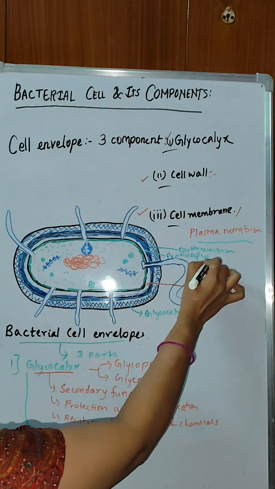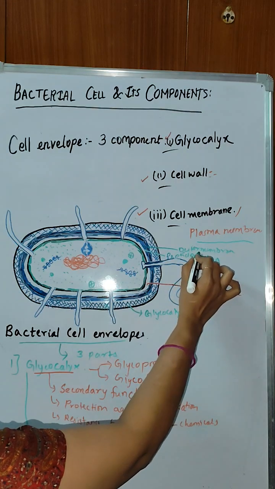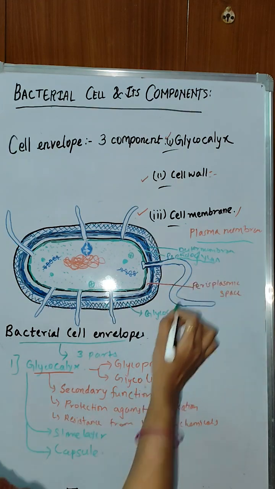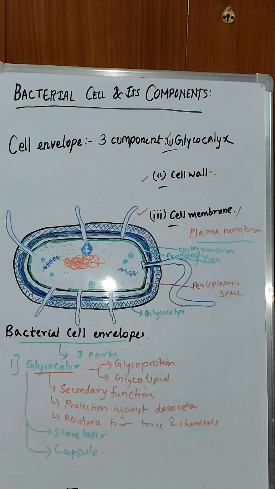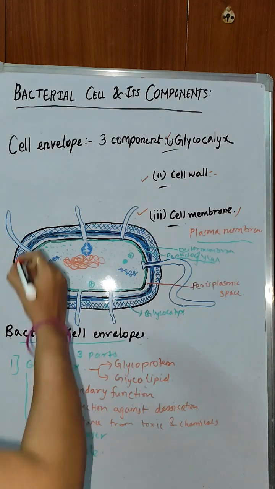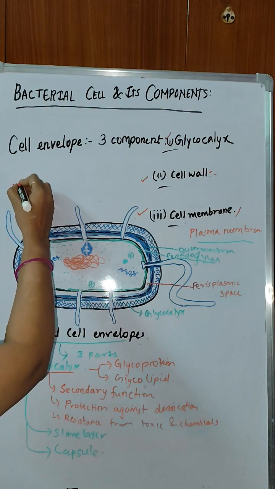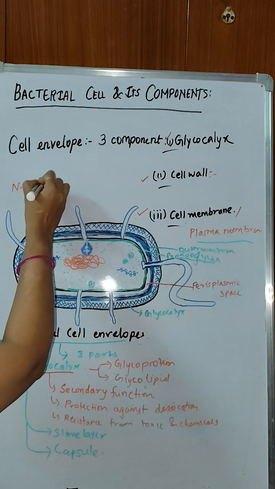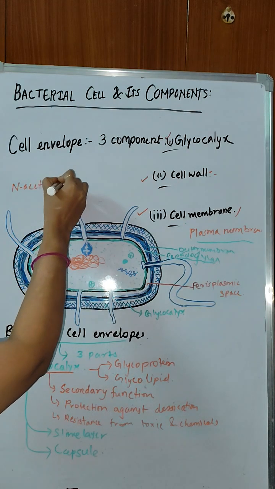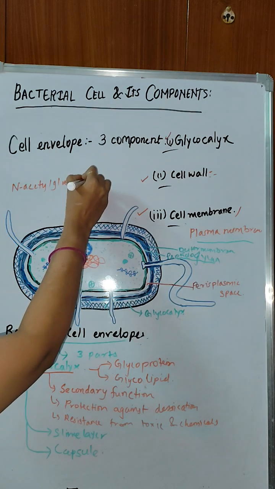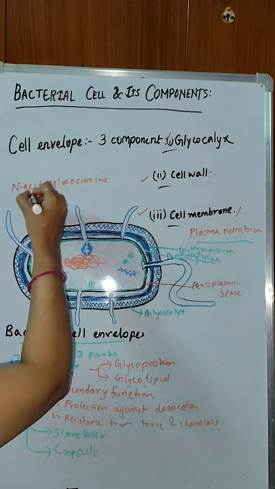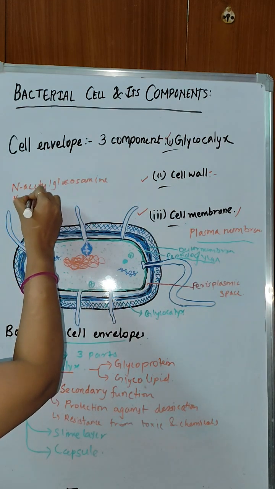In my previous video I have also explained peptidoglycan. Peptidoglycan is a network of NAG and NAM, that is N-acetyl glucosamine, which is NAG, and N-acetyl muramic acid.